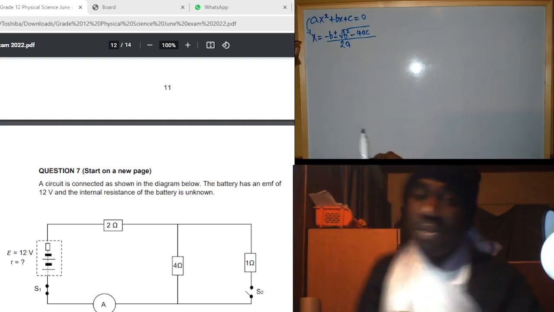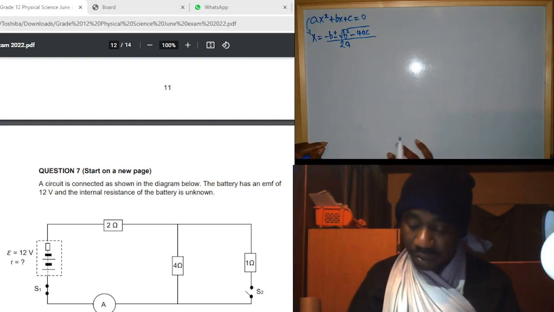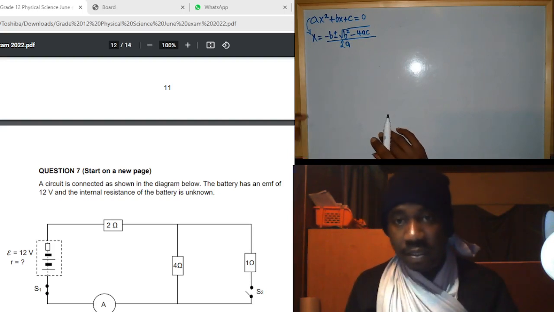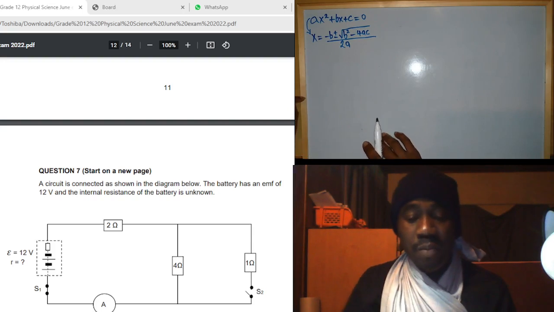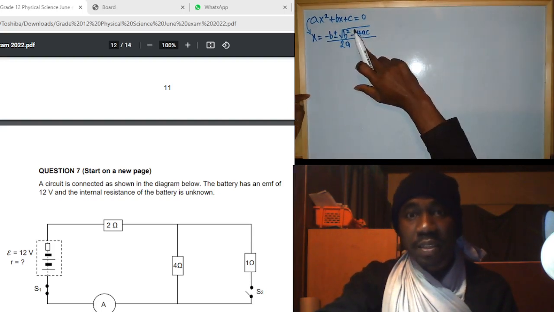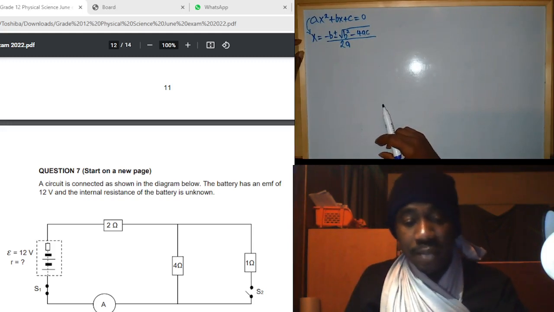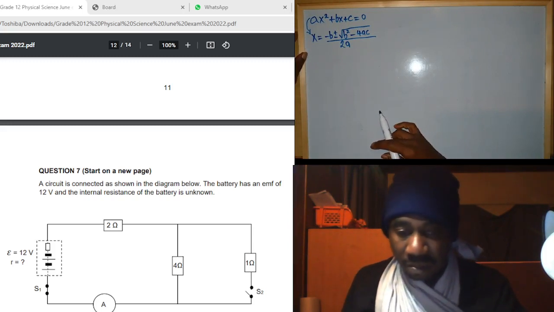Remember, to solve quadratic equation, we can use different methods, including factorization, which most people consider the simplest method. You can also use the quadratic formula, which is given here, and it's also simple. And you can use the completion of squares method, which is the most difficult, and you can use graphical method.